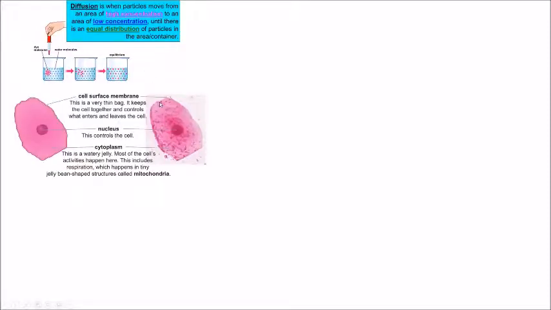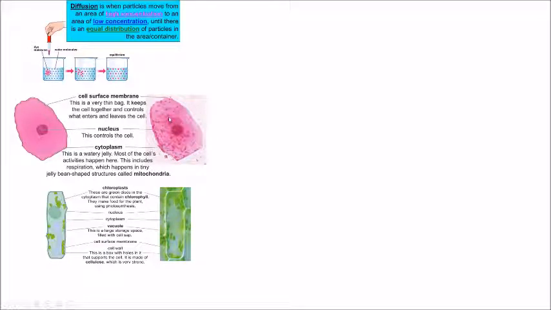Okay, now in terms of cells, hopefully you should be quite comfortable recognising the two pictures and these names. Okay, now I want to concentrate really on the cell membrane and the cytoplasm.